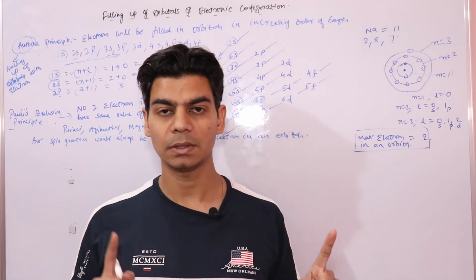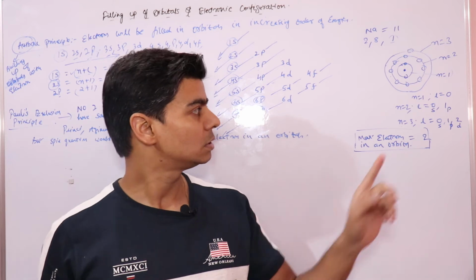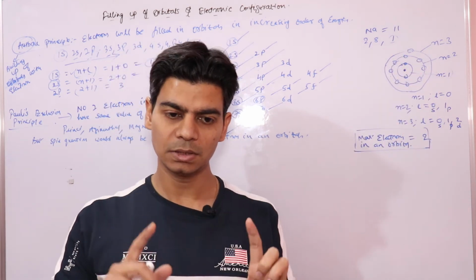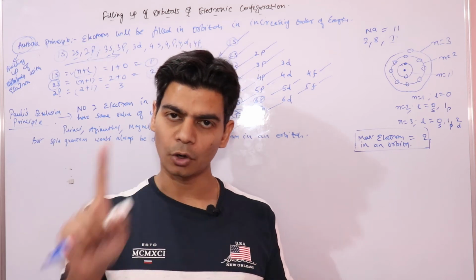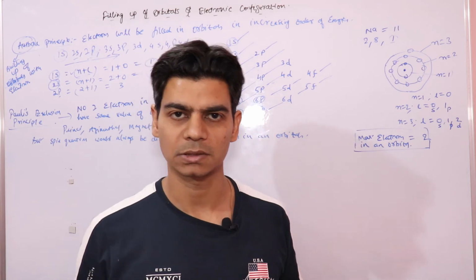One is clockwise, other is anti-clockwise, because as per spin quantum number, the electrons that are revolving around the nucleus, in addition, are also spinning about their own axis, right?